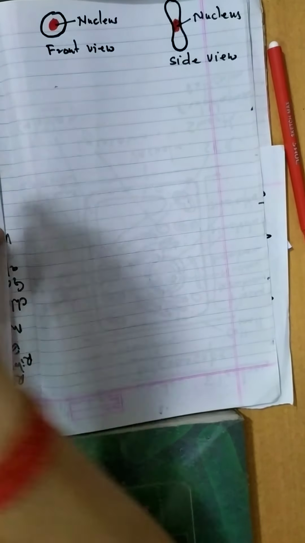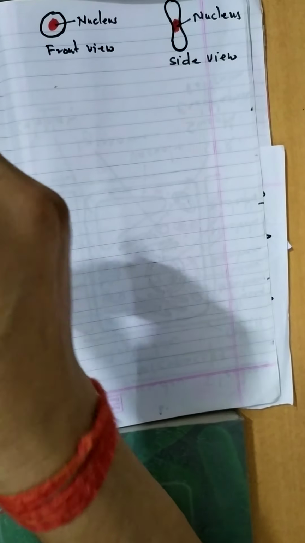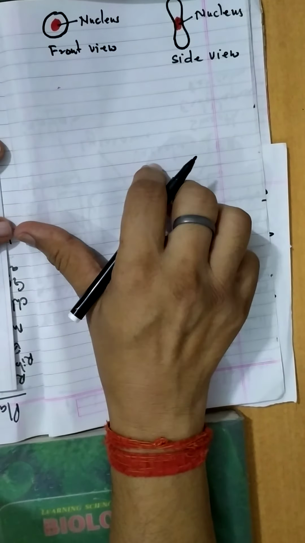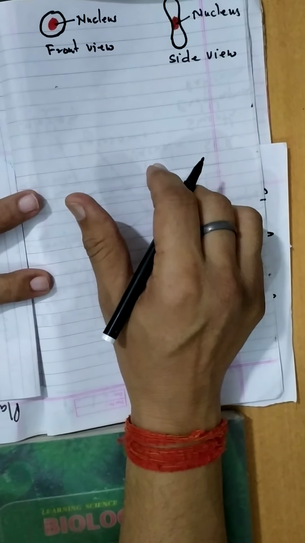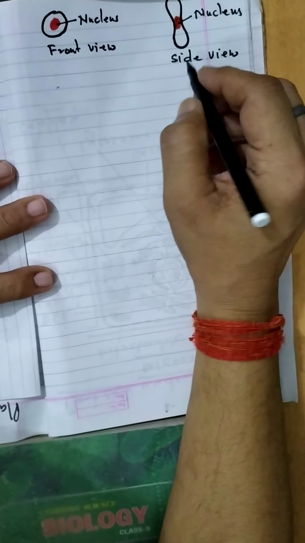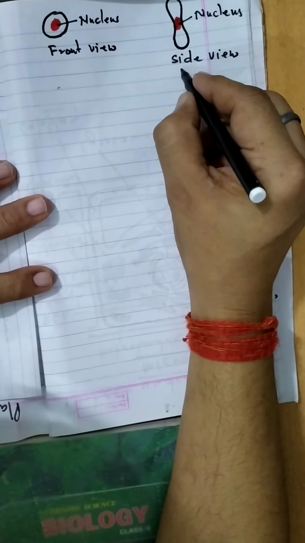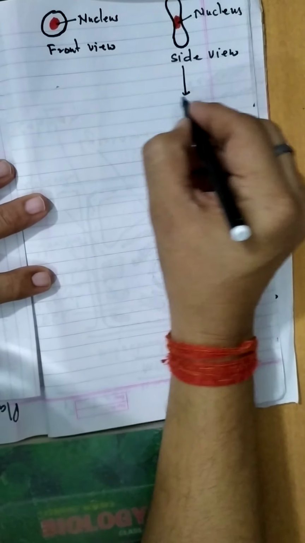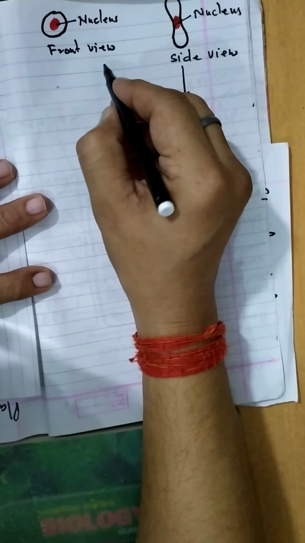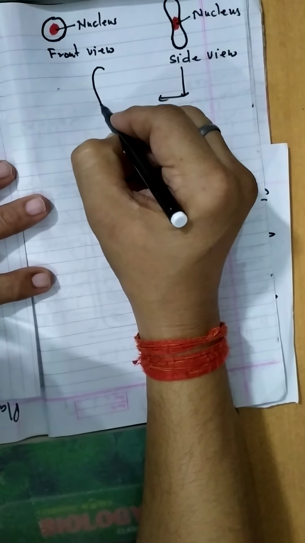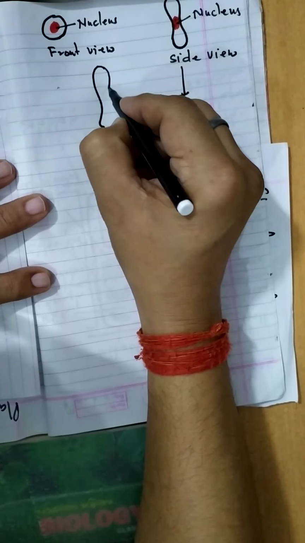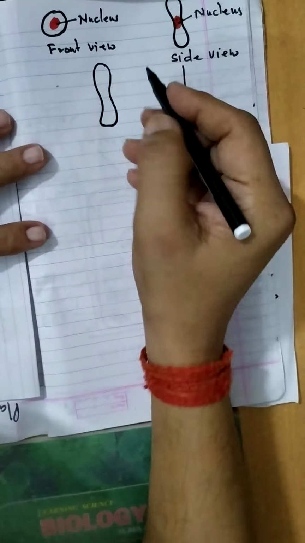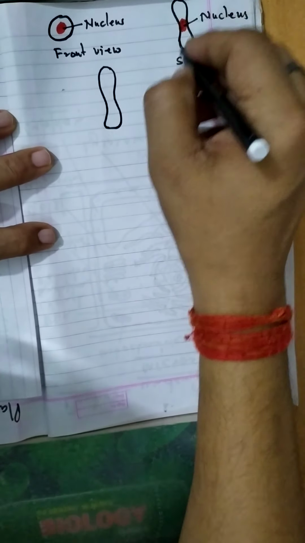Now you will say that in previous lectures I had told you that in matured RBCs there is absence of nucleus. So at maturity the structure becomes like this. Nucleus is lost.